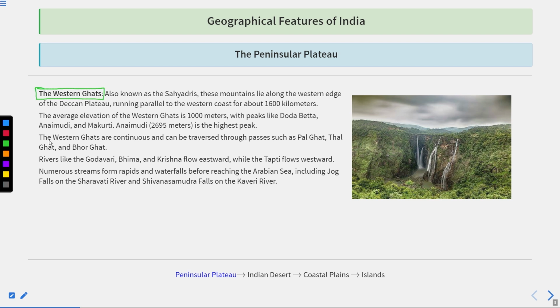the Western Ghats. Okay, so the Western Ghats, if we talk about, are also known as Sahyadris. Okay, these mountains lie along the western edge of the Deccan Plateau. That's why these are known as the Western Ghats. And they run parallel to the western sea coast of India.